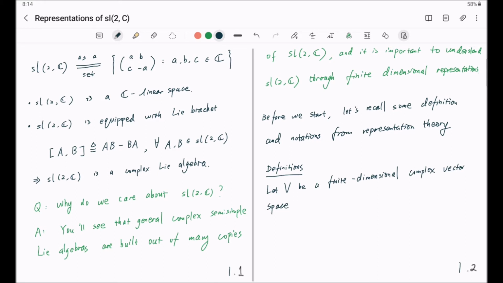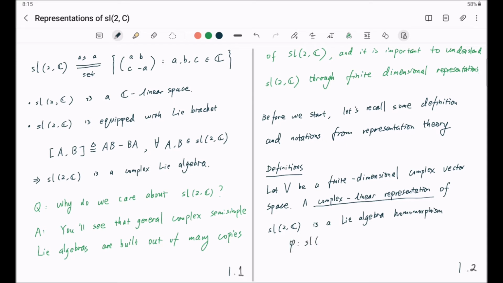A complex linear representation of SL2C is a Lie algebra homomorphism phi from little SL2C to the endomorphisms on this V.